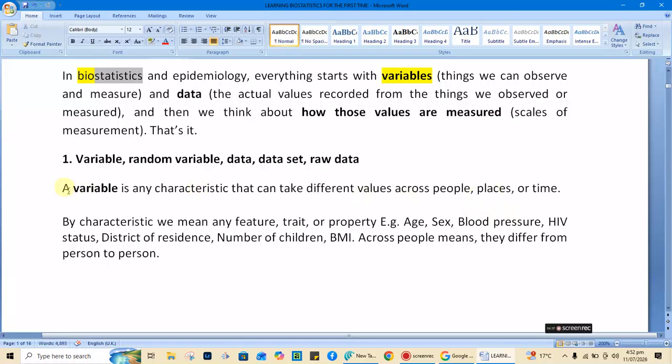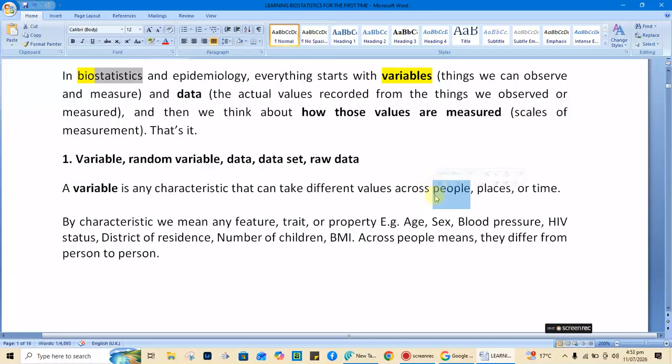When you pick, for example, blood pressure, you have to test it across people, places, and time. Why are you trying to do this? It is because, remember, in public health you are dealing with the population and not just people. If you only test a few people, your data is going to be limited. So you want to go beyond one person.